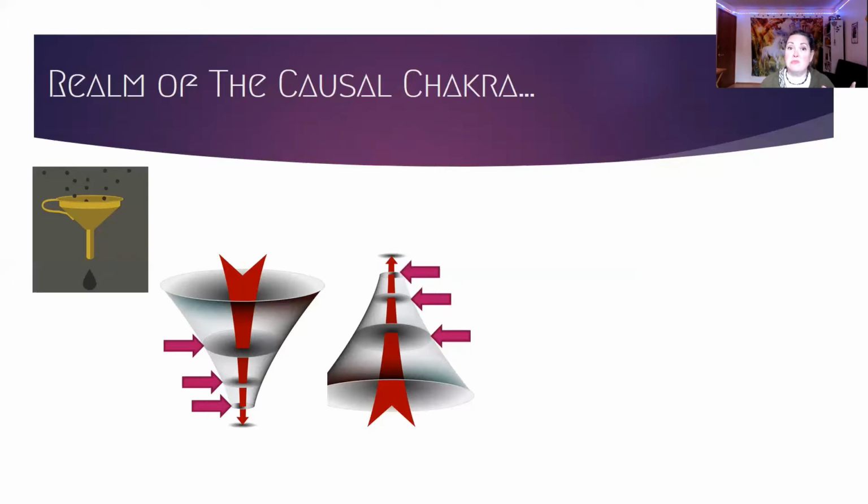Those filtering systems are in place for our highest good as well to receive that information, because without those in place, the ideas and situations and things may come to us maybe a little jumbled.